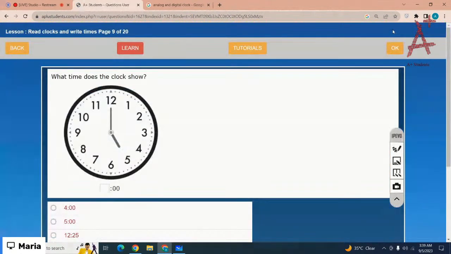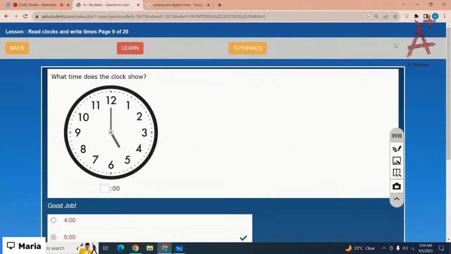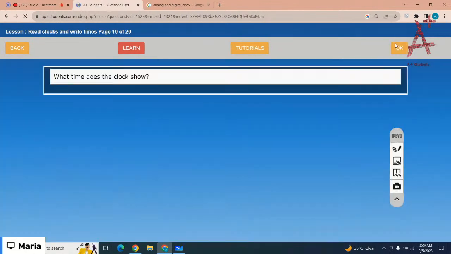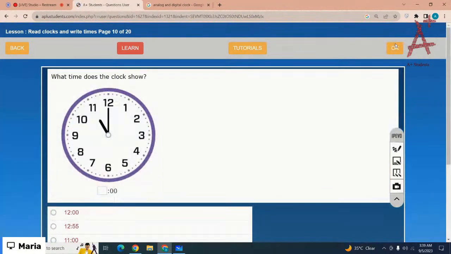What time does the clock show? Which is the correct option? The clock shows 5 hours and 0 minutes. What time does the clock show?